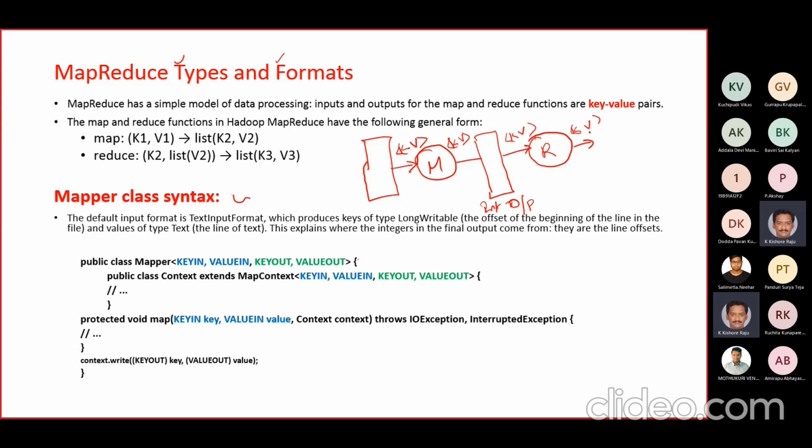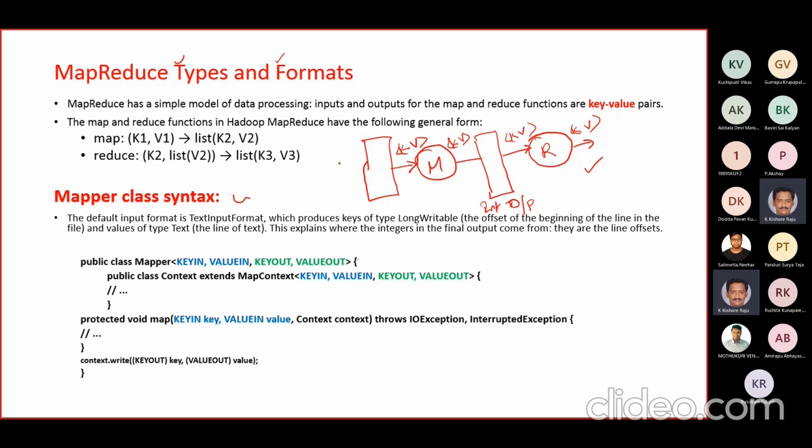If you want to work on MapReduce programming, key and value play the major role. So in this chapter, we are going to discuss how these key value pairs are managed.